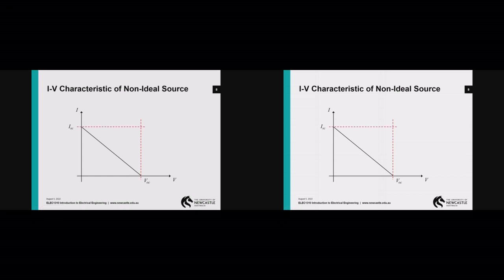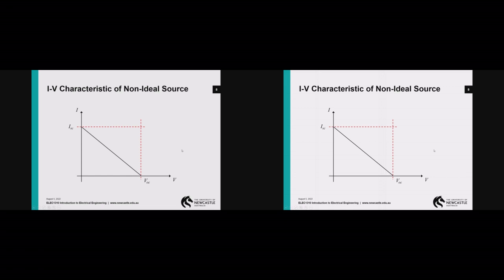Now, what I'm going to argue here is that if I started with an ideal current source that happened to have that short circuit current value, it would have a characteristic that looked like that horizontal red line. And I could argue the other way and say, well, if I started with that current source, but it was a real one, and I kept making the voltage bigger, that current would reduce to 0.